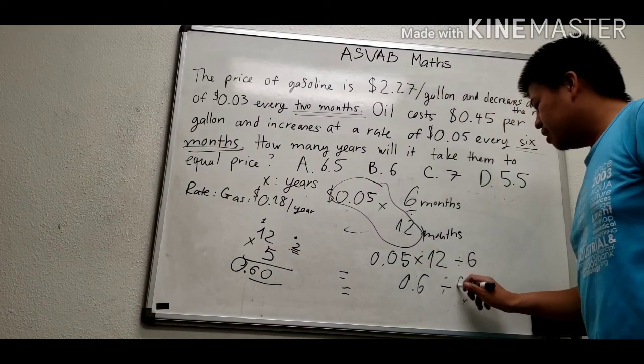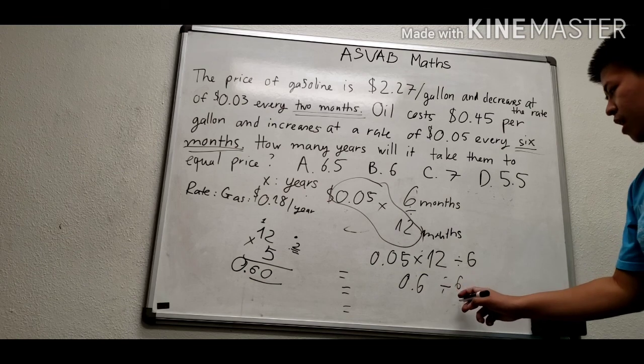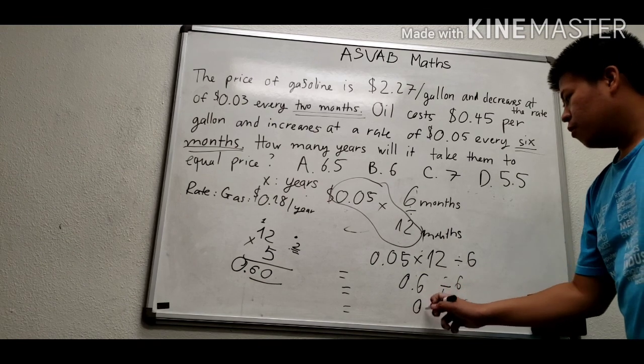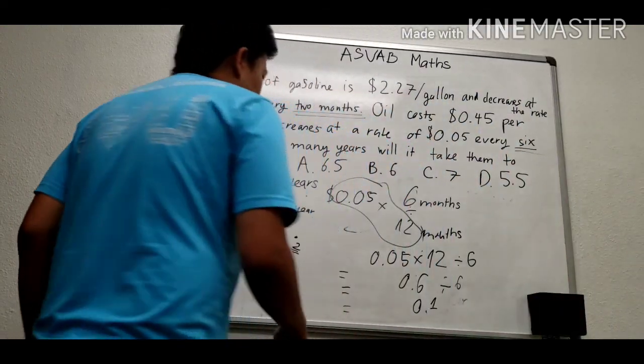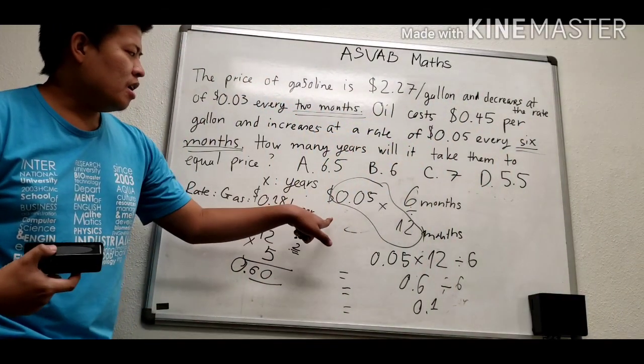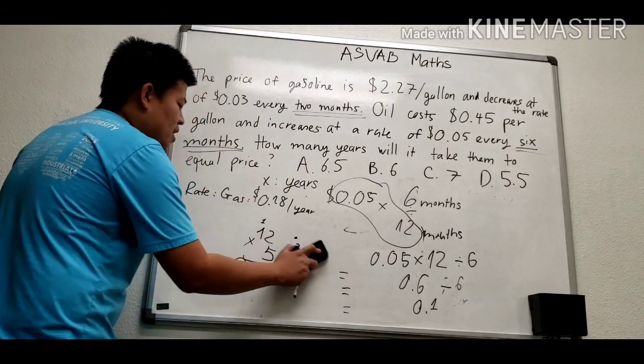Later we divide by 6. 0.6 divided by 6 is 0.1. So after we calculate the rate in here to convert to the year, we can put it into the equation.